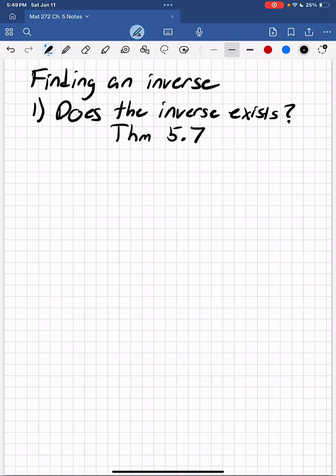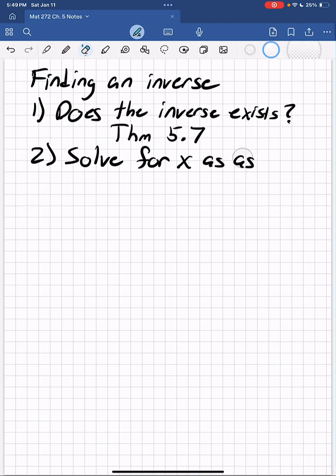The second thing we're going to do is solve for x as a function of y.